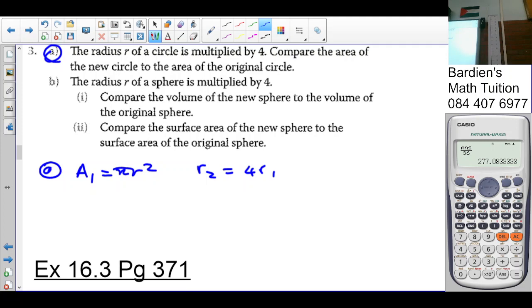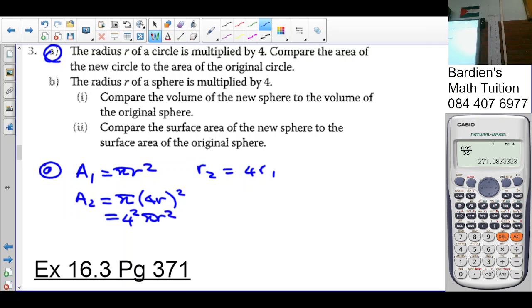So to compare the areas, I must work out the second circle's area. How do you work that out? It's going to be pi times the second radius squared, and the second radius is 4 times the first radius. So that will be 4R. Can you see that, 4R all squared, which will give us 4 squared pi R squared.